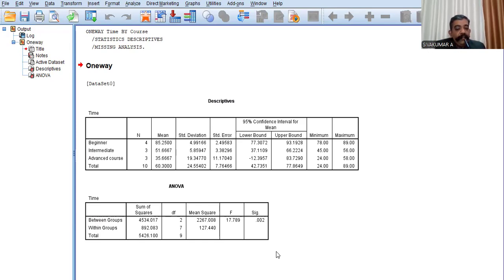That means there is a statistically significant difference among the group means being compared. That means there is a statistically significant difference among the beginner course, intermediate course, and advanced course.